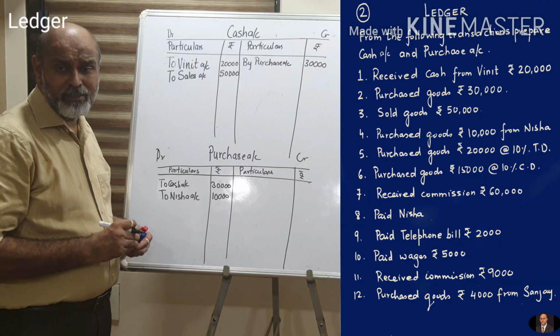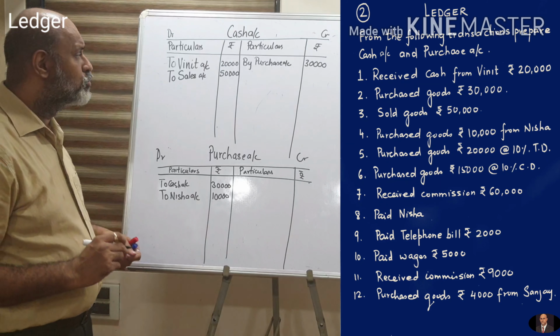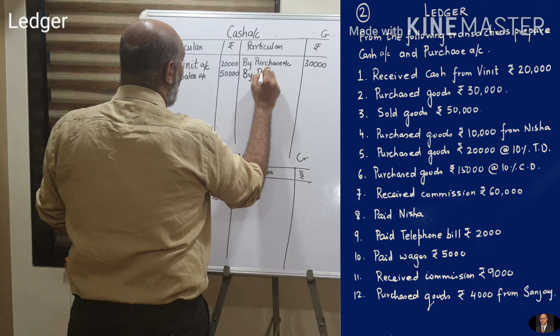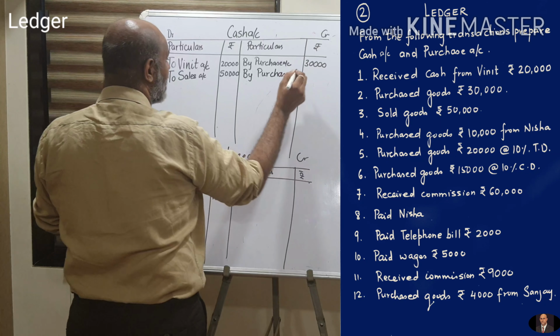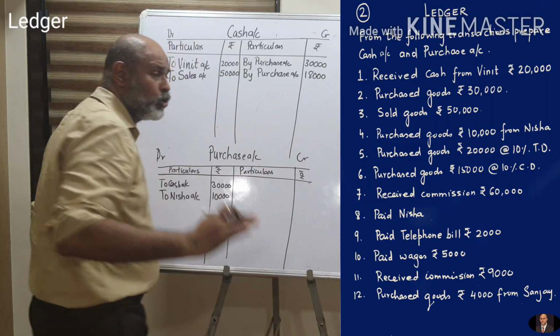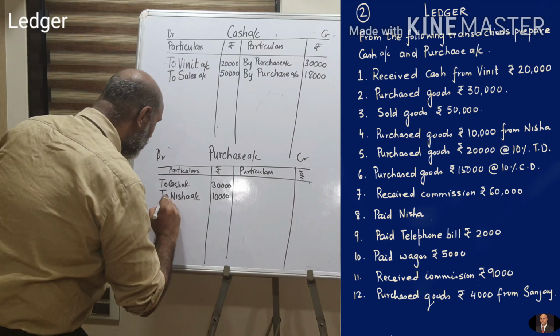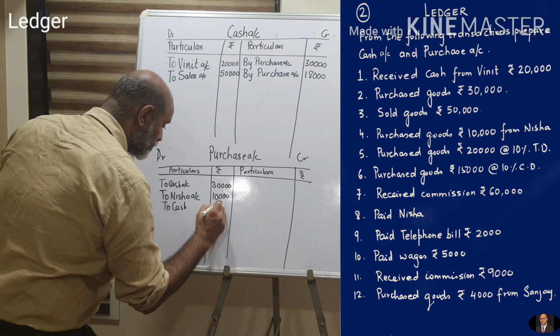Next is purchase goods rupees 20,000 at 10% trade discount. So it would again be by purchase here and the amount will be 18,000 because you are going to deduct that 10% TD. From 20,000 you are going to deduct 2,000. From that it will come here to cash 18,000.